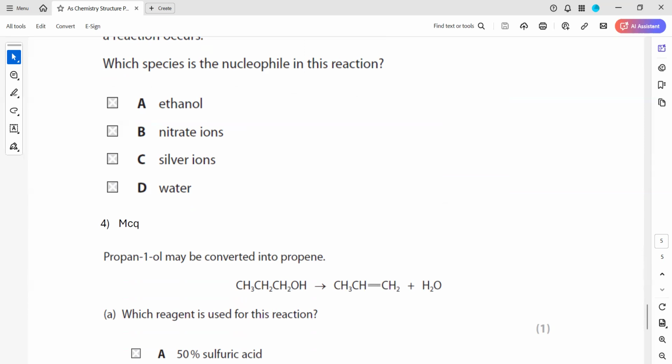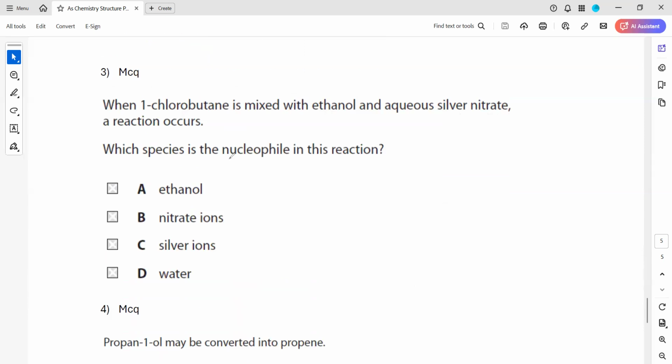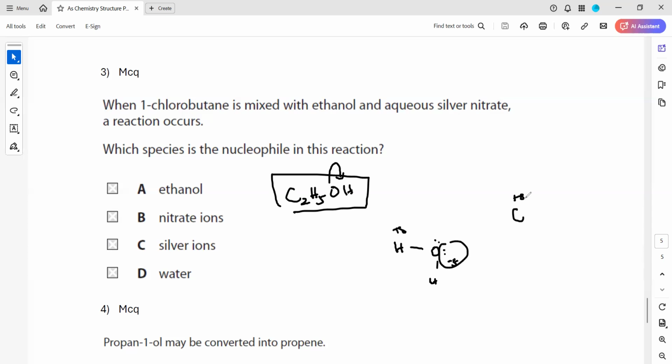Why can alcohol not be a nucleophile here, even though alcohol also contains OH? The alcohol is C2H5OH, but this OH does not break the bond. There's no bond breaking in the alcohol. What actually happens is water contains the lone pair. One part of it is partial negative and one is partial positive, and this negative part will attack the carbon which is partial positive.